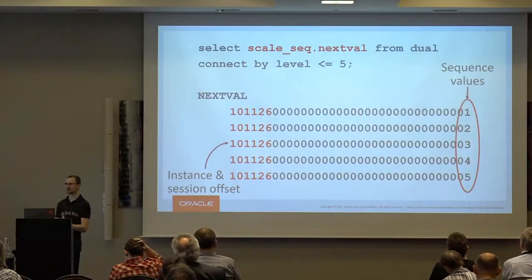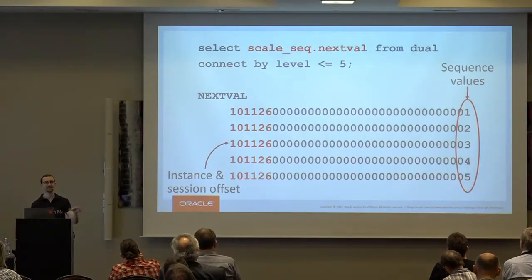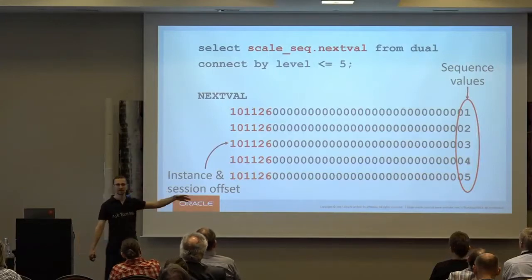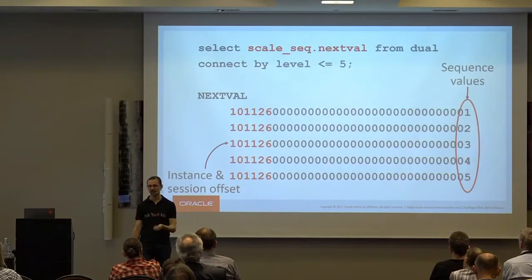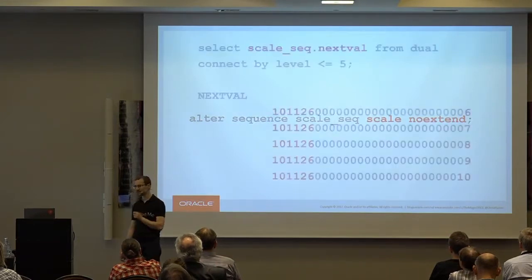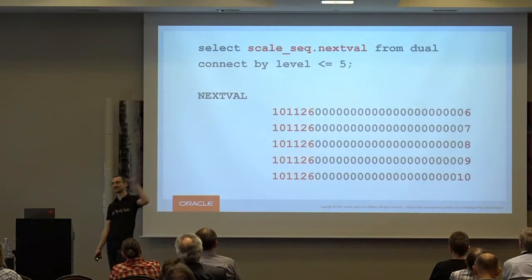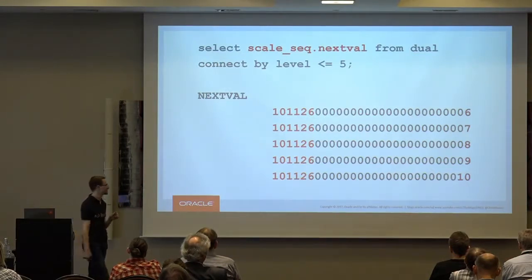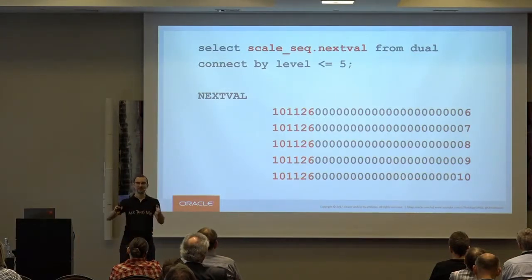And if we've done it with extend, those 6 digits go on top of whatever the maximum value of your sequence is. If we change that, say it's noextend, those 6 digits go within the max value of your sequence. So an interesting thing to note here is the max value of your sequence must be at least 7 digits long now, because you've got to reserve these 6 digits.